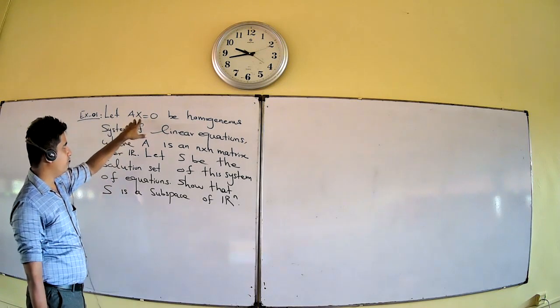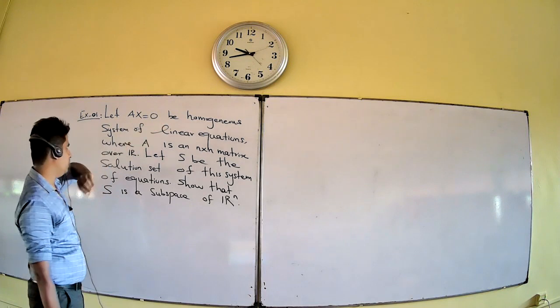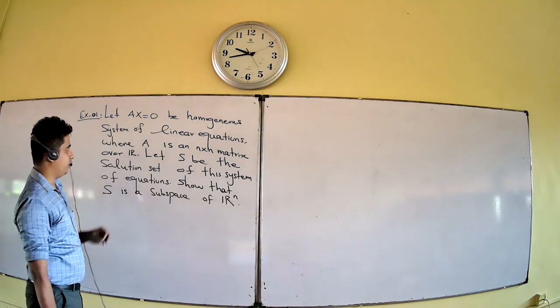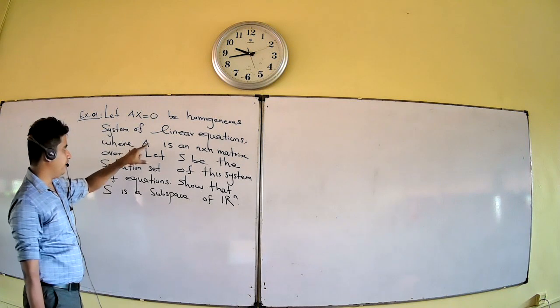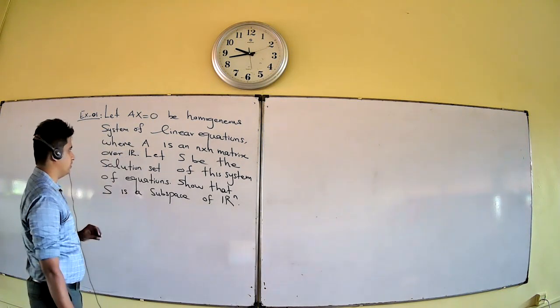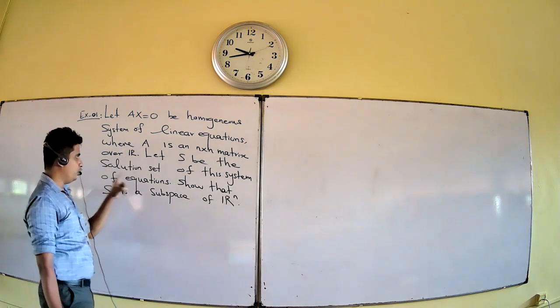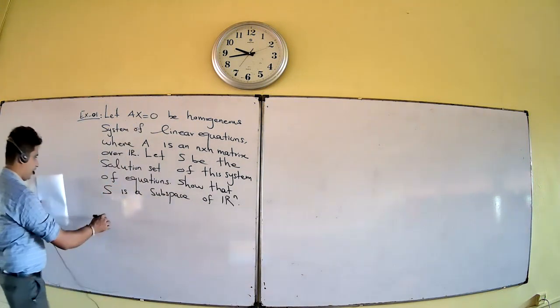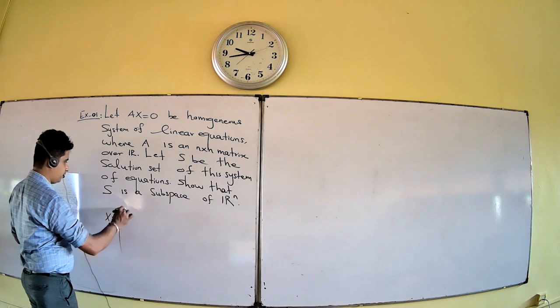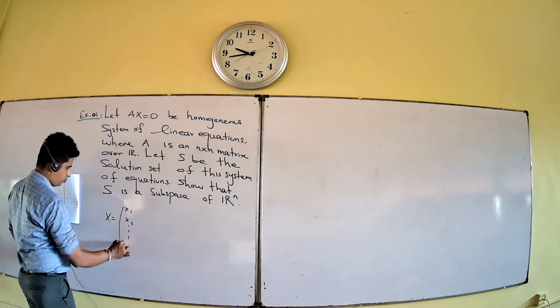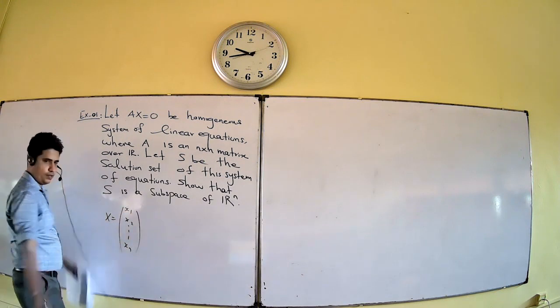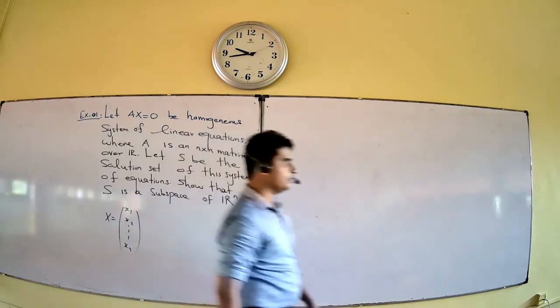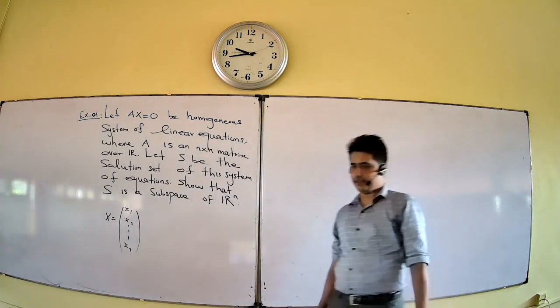In that case, we call this a non-homogeneous system of linear equations, where A is an n cross n real matrix. Let S be the solution set. A solution is of the form x1, x2, and so on up to xn.